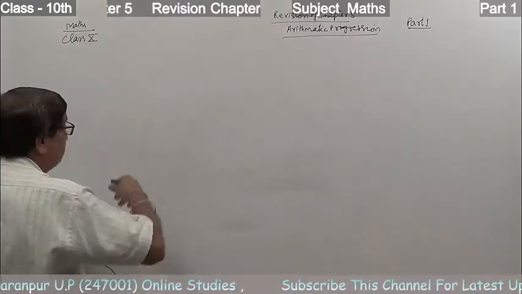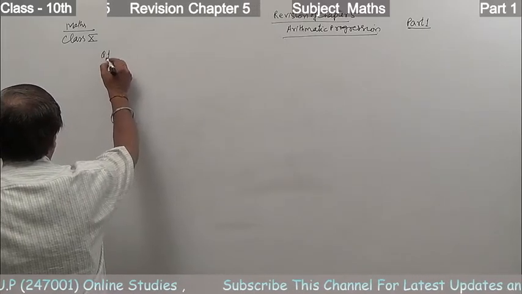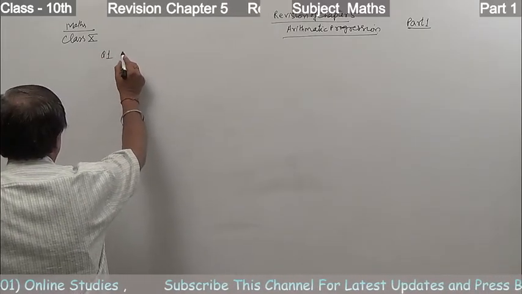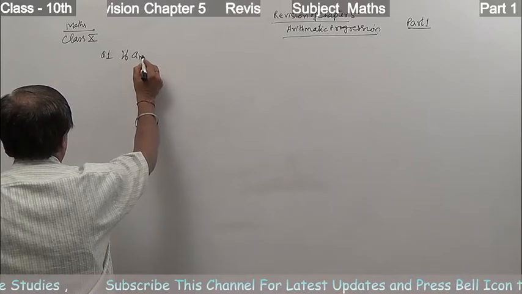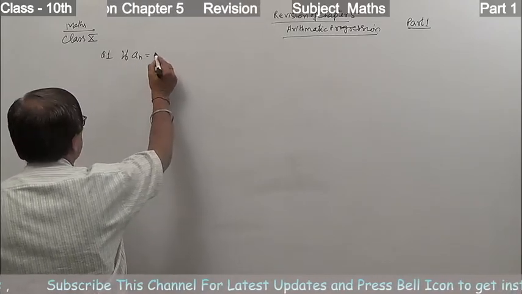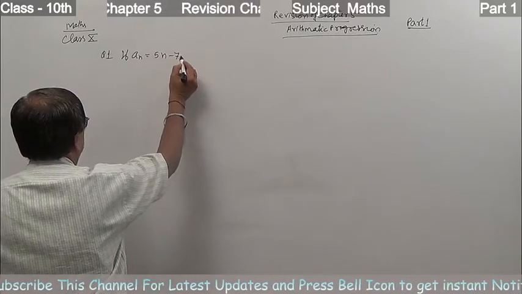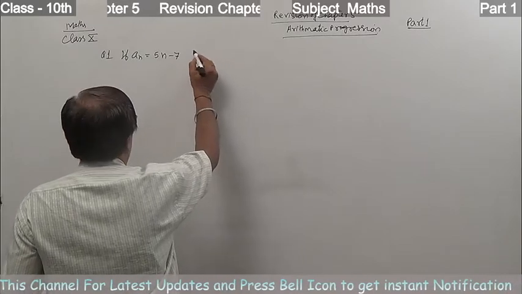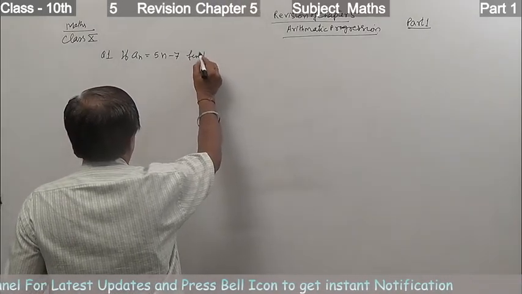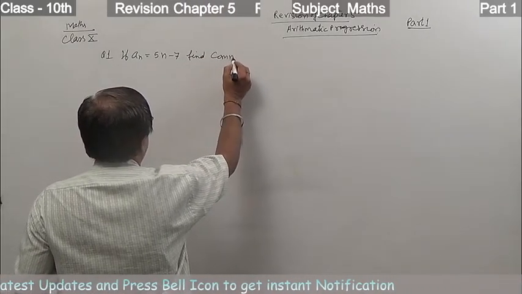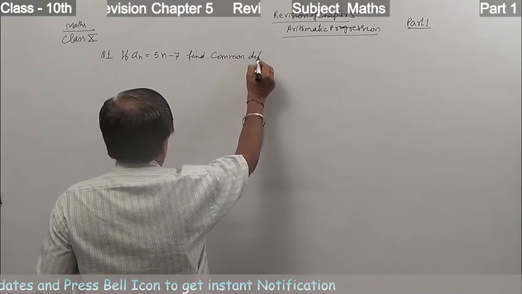Like, first question: if a_n is equal to 5n minus 7, find the common difference.